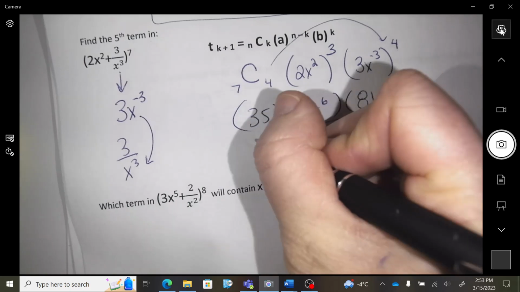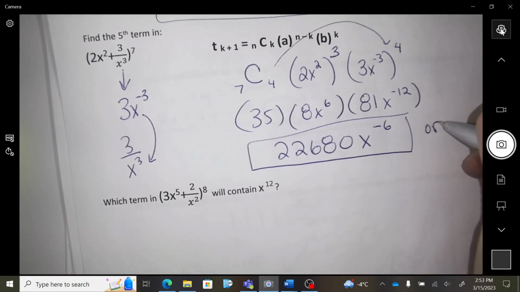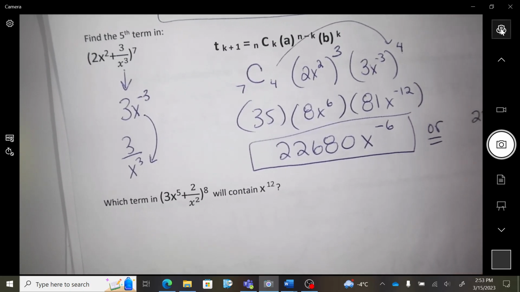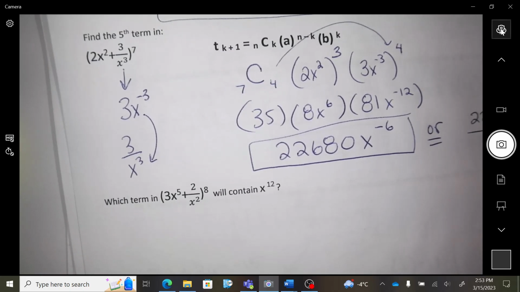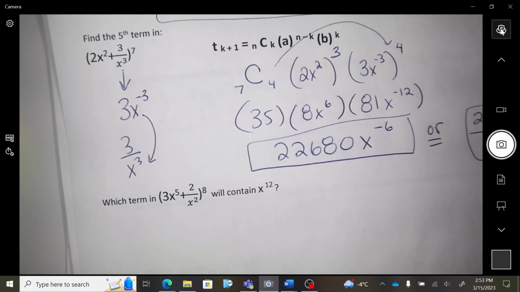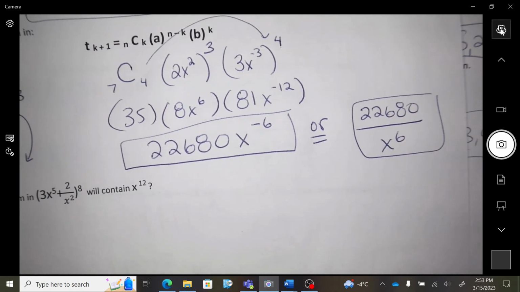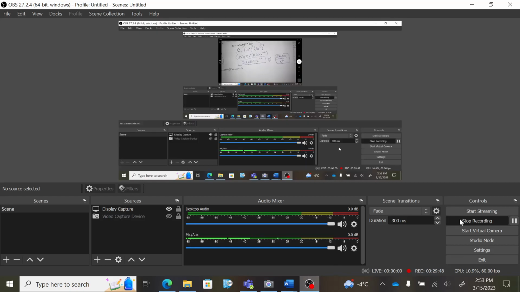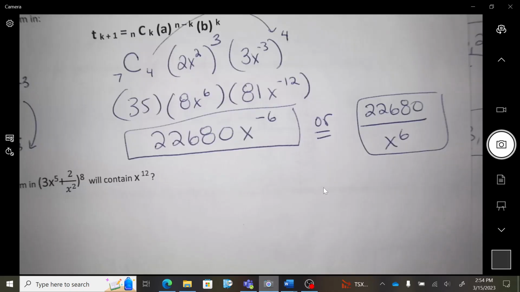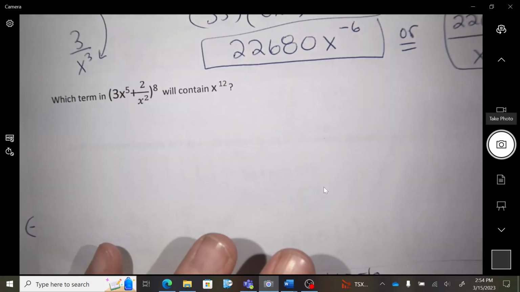So it's almost the same. A little bit backwards.